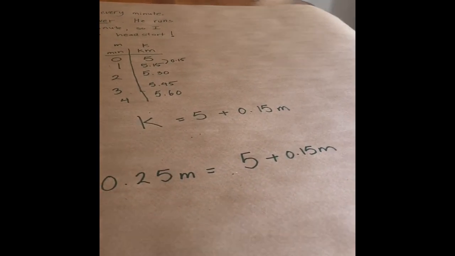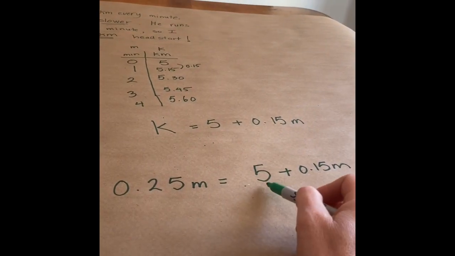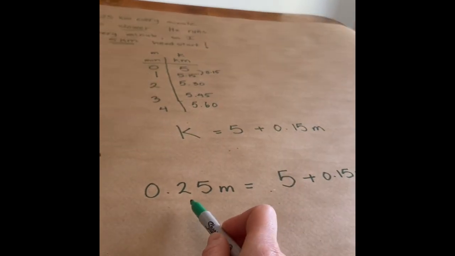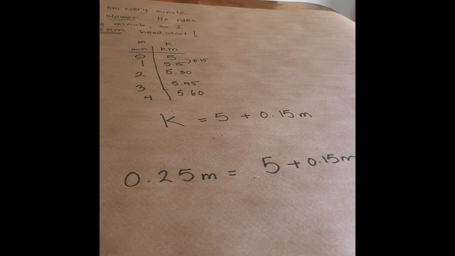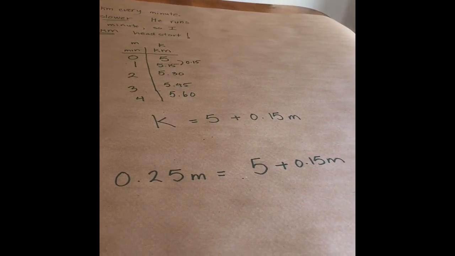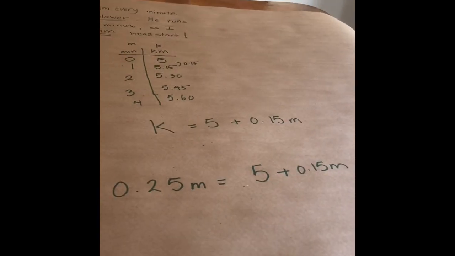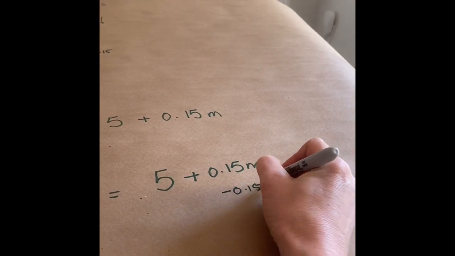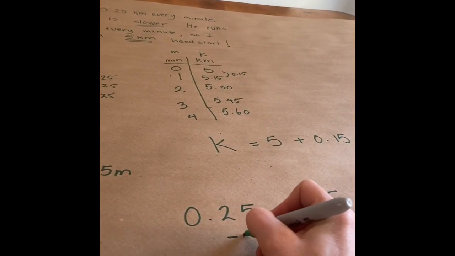I want to know when those two equations are the same. I've got two different things going on here: y-intercepts and slopes. Here, this is a slope, and here I have the slope. I want to put my two parts with the slope together on the same side of the equation. So I'm going to move it from this side and move it over here.